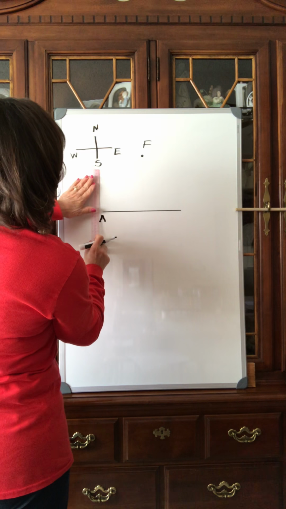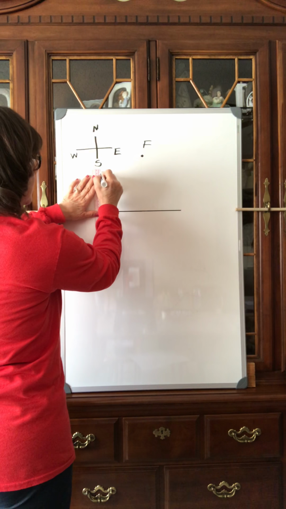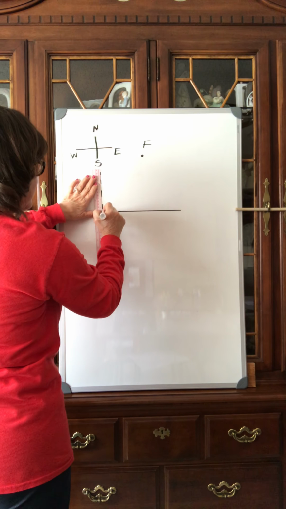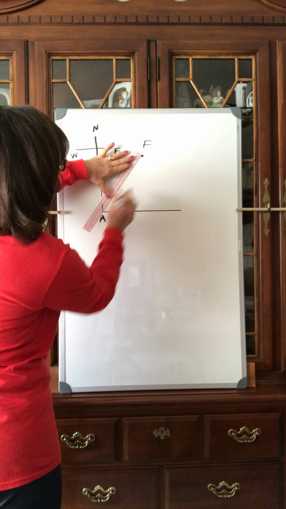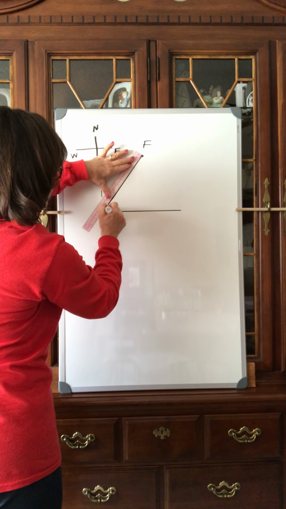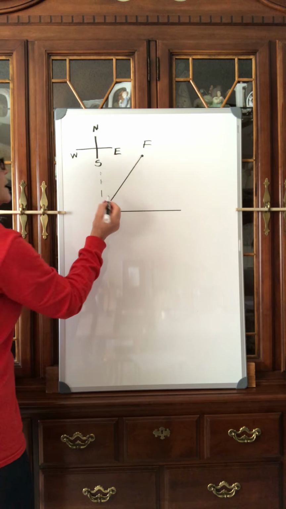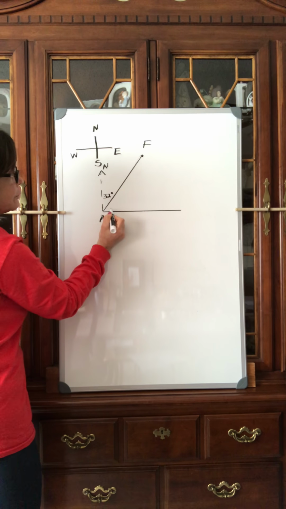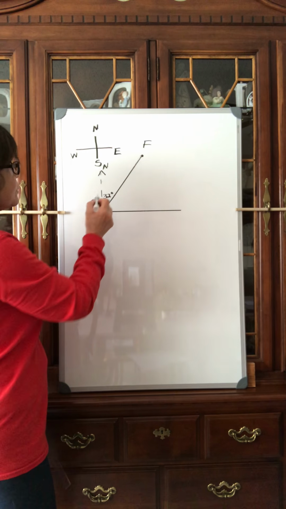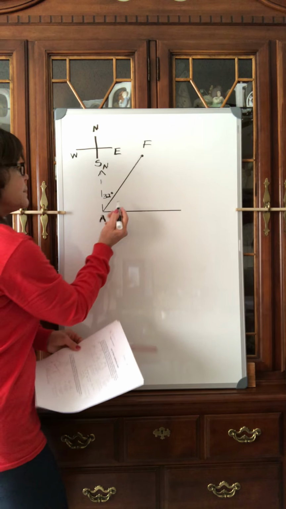So if you went straight north from this point, and then went east 32 degrees to the fire, this is due north, this is 32 degrees east of due north. So then we can find this angle in here. It would be 90 degrees minus 32 degrees, so this angle right in here is going to be a 58 degree angle.